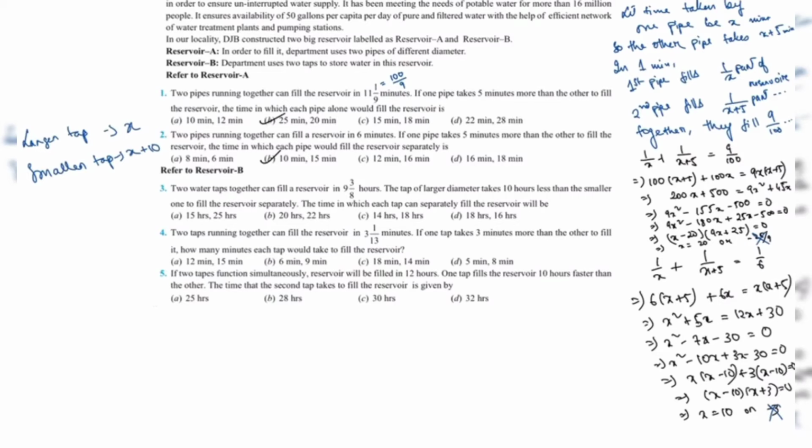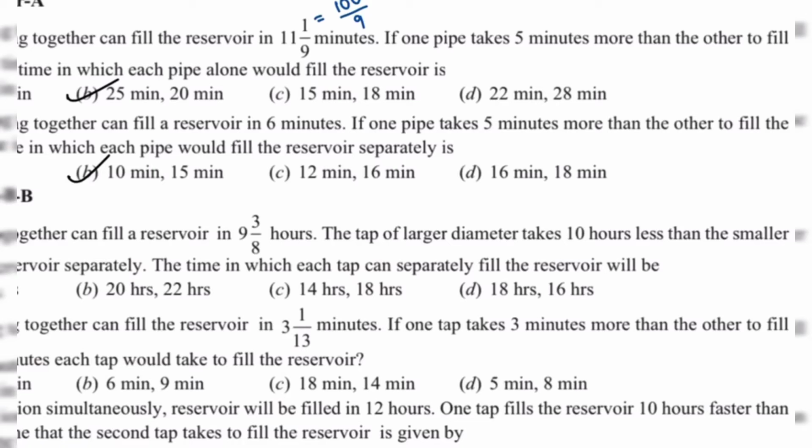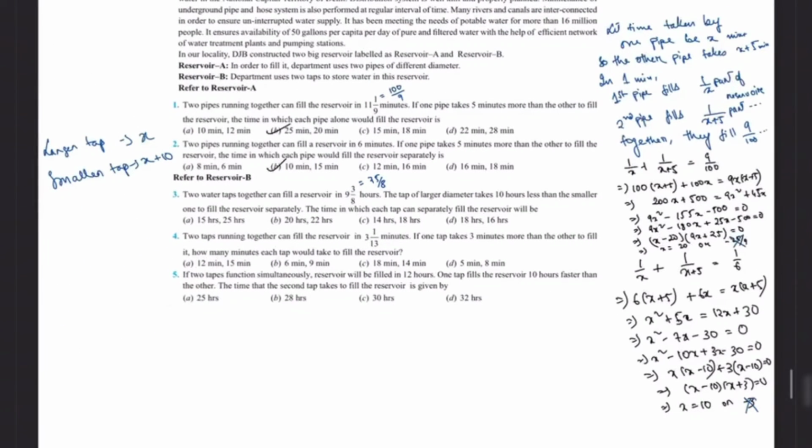So 9 and 3 by 8 is equal to 75 by 8. Let's keep that in hand. Just like we did for the other questions, we can straight away say that 1 by x plus 1 by x plus 10 should be equal to 8 by 75.